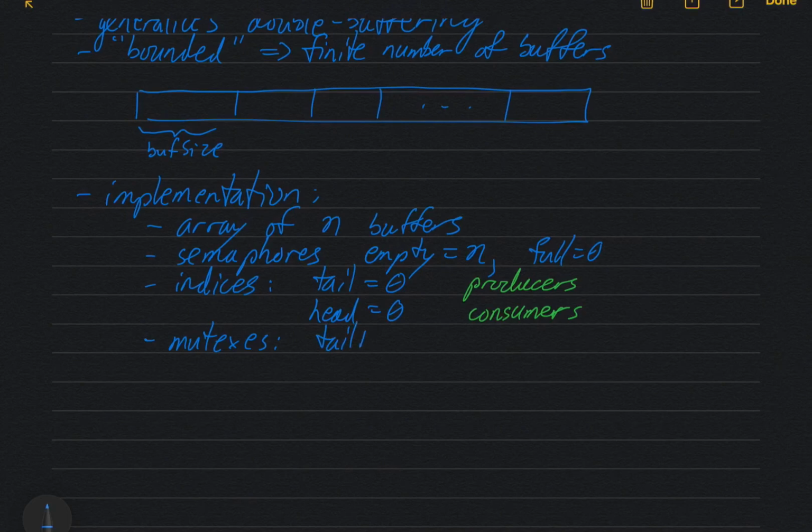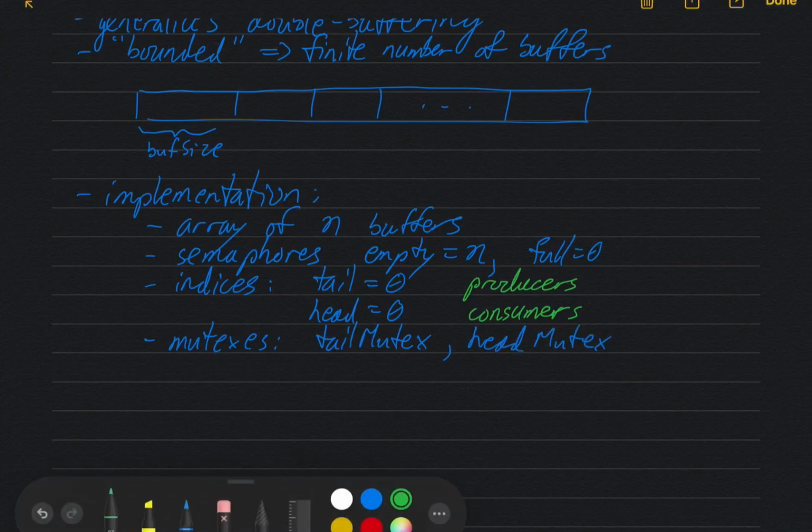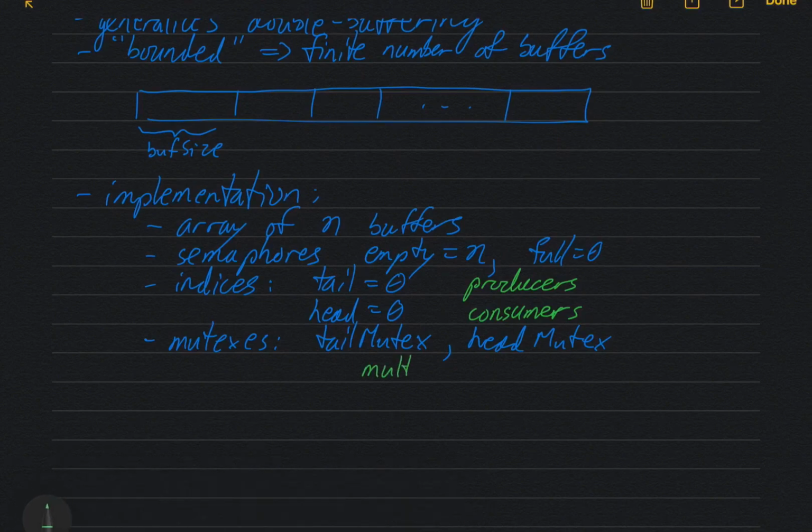So we've got a tail mutex, and we've got a head mutex, and that's so that we can have multiple producers and or consumers. Now they need to go through the buffers in the same order, and so there needs to be a mutex around the tail and the head index, because they're going to be sharing that between them.